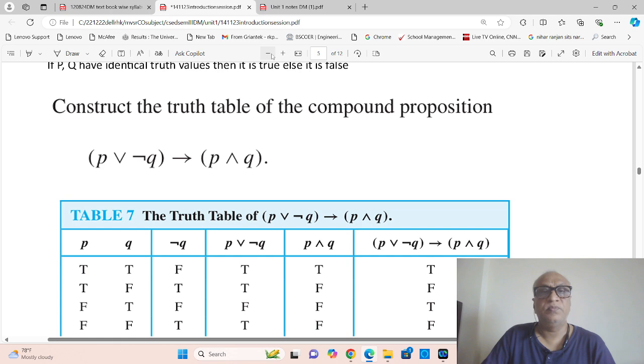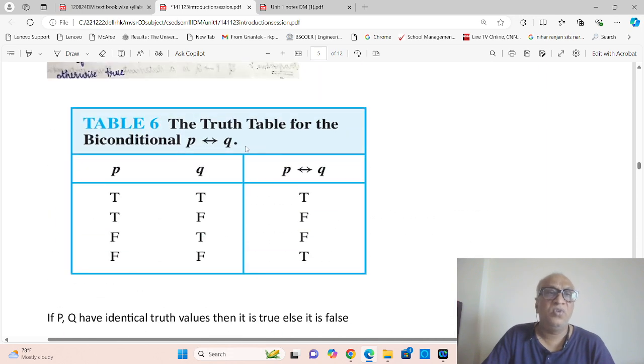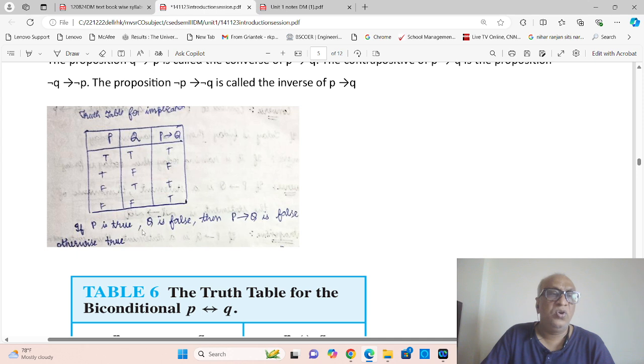Now come a few examples wherein we need to construct the truth tables. What we have to do is put P and Q in the truth table, and simplify this by first finding not of Q. Once I find not Q, then I'll find P or not Q. After that I'll find P and Q. Once we did that, the left part will be called P and the right side will be called Q, and for P implies Q we know we have to use this truth table.